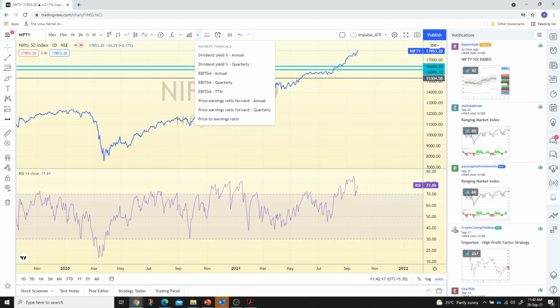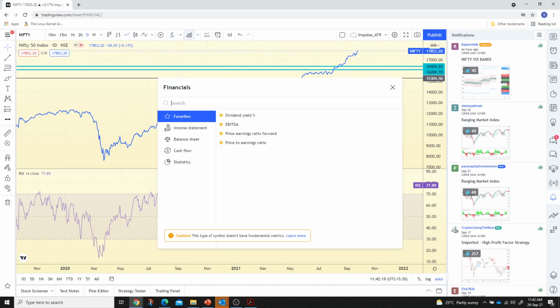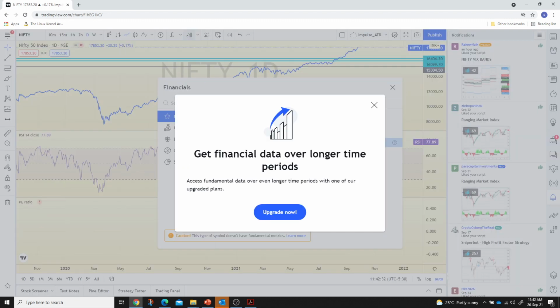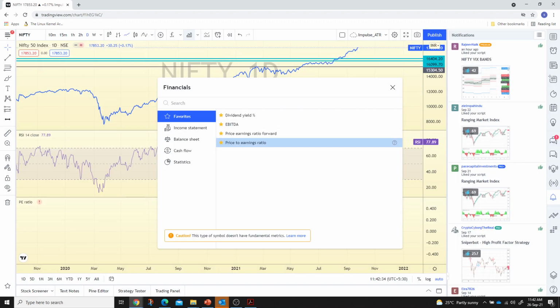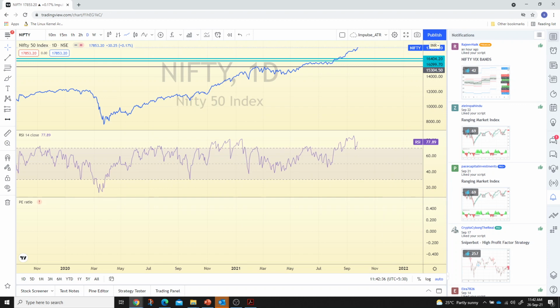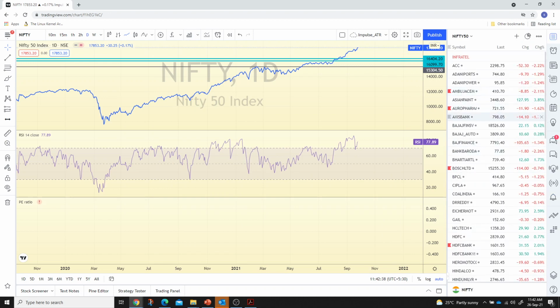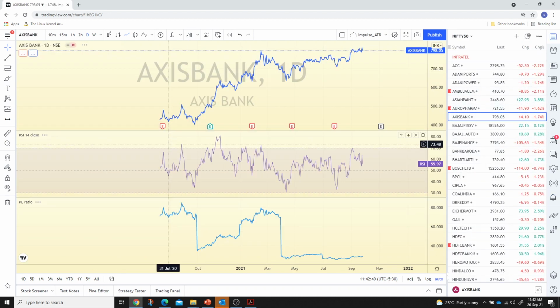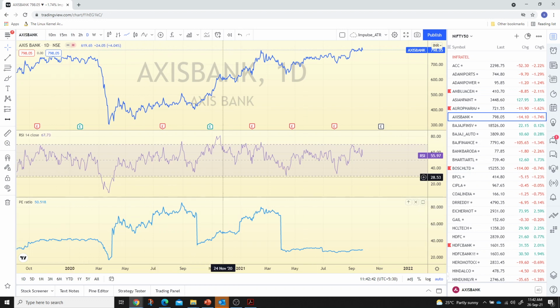Then, financials. If you want to also look at financial data along with chart data, you can go for it. For example, I want to see P/E ratio and forward P/E ratio. I can do this and then go to the stock, let's say Axis Bank, and then it shows me the P/E ratio also.